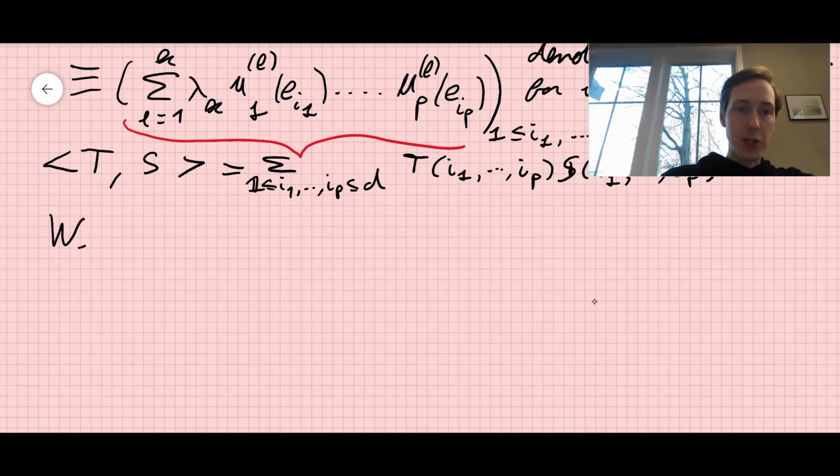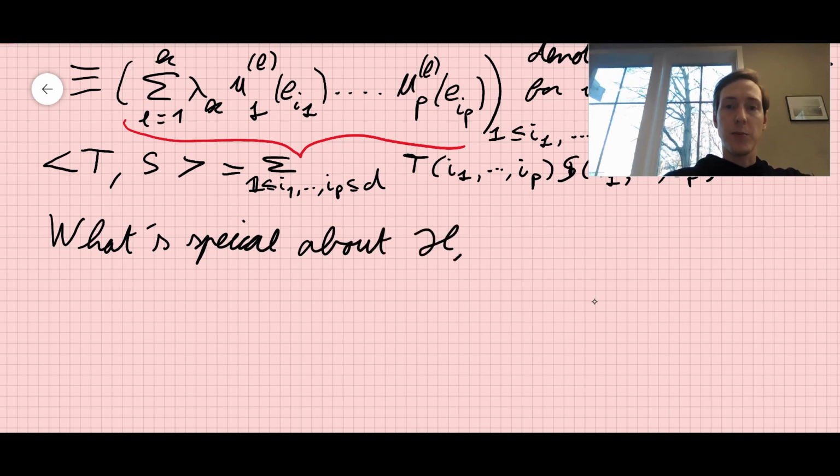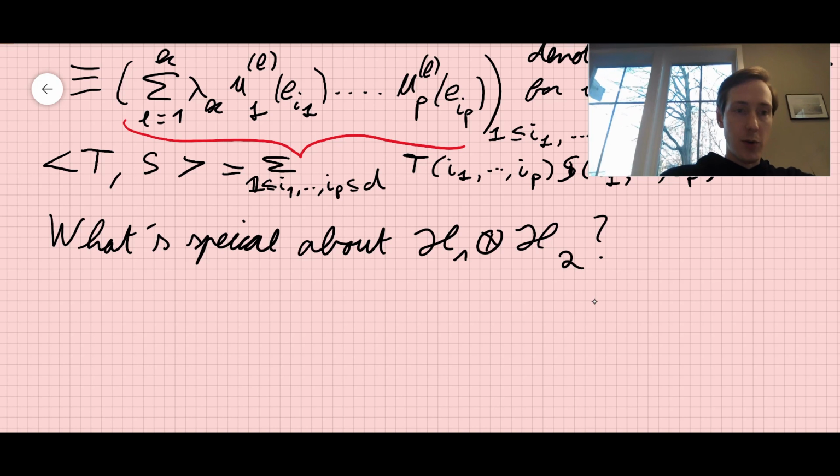So what's special about the tensor product H1 times H2? What's special is that we can equip it with very nice norms. So let's introduce a new definition, which is what's called a cross norm.